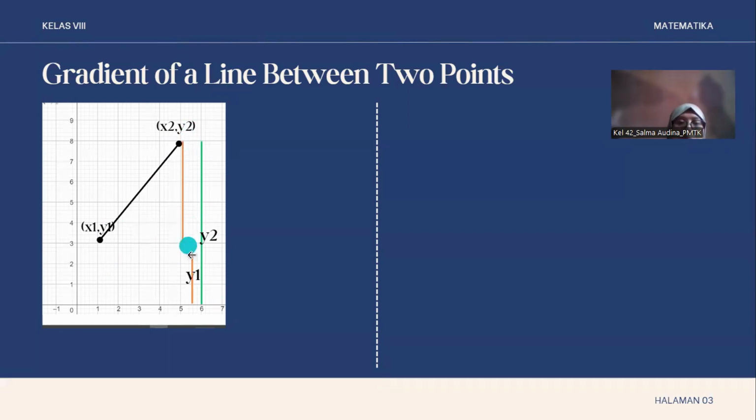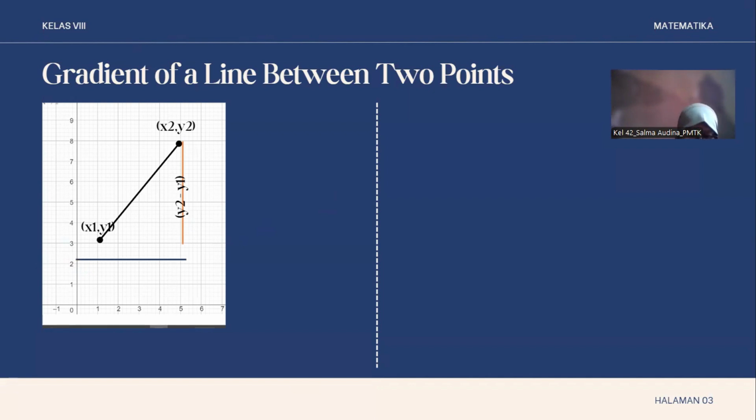Because the length of the green line is y2, and the length of the first orange line is y1, the length of the second orange line is y2 minus y1.